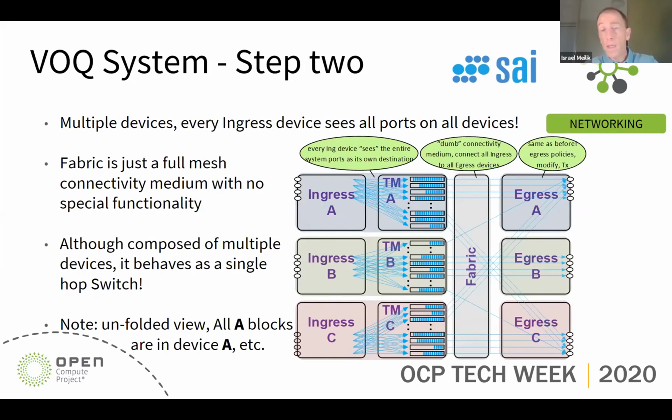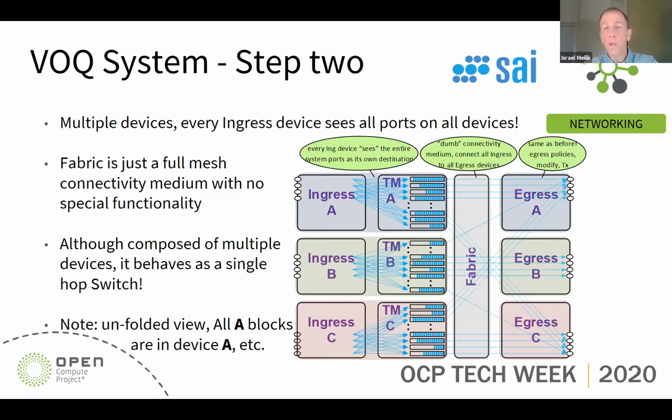And the second and actually final step of becoming a VOQ system is to introduce more devices and create a bigger system. The fabric in that case is again the same dumb connectivity, a full mesh connecting every ingress to every egress. One thing to note about this drawing is that we draw what we call an unfolded view of the device.